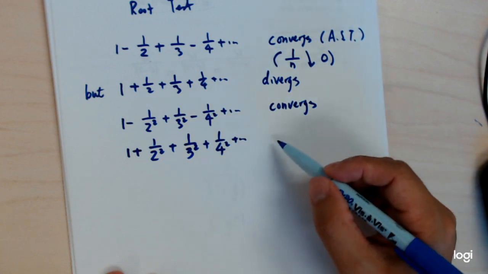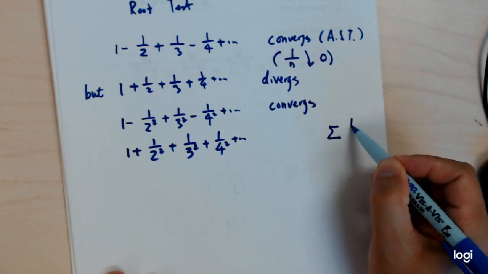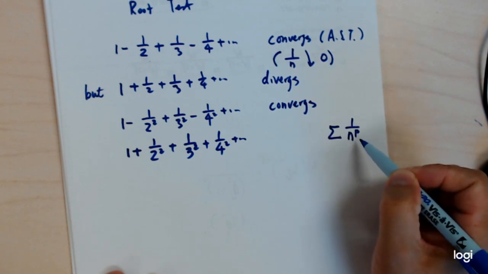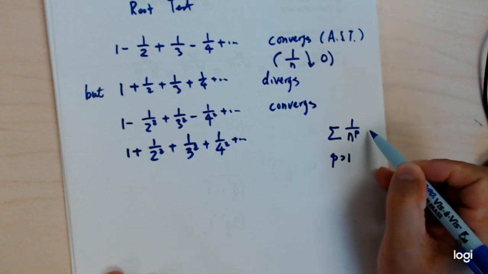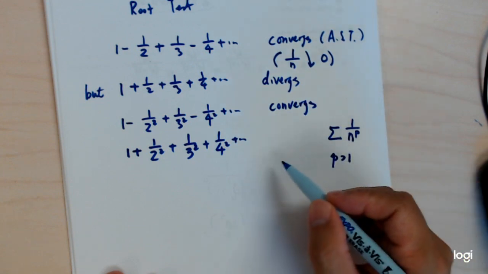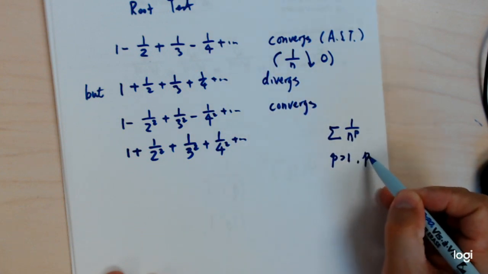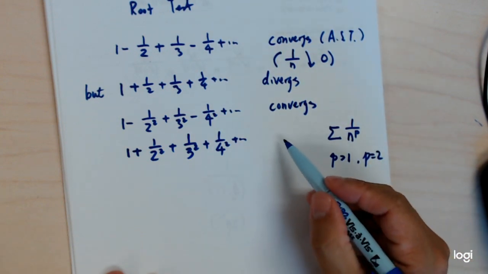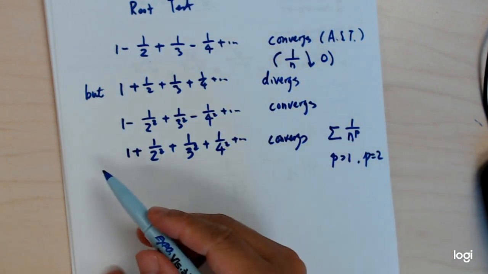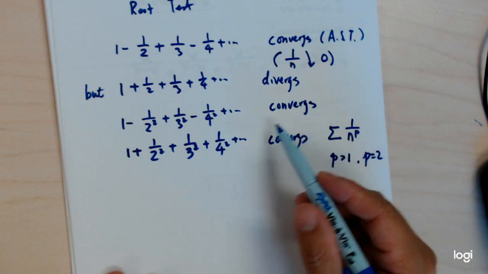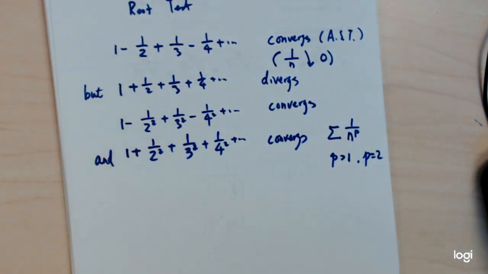Well, this is actually the p series, sigma 1 over n to the power of p. Whenever the power p is bigger than 1, this one converges. In this example, p is 2. So we know this one converges as well. So we can say the original series converges and the absolute value series converges as well.